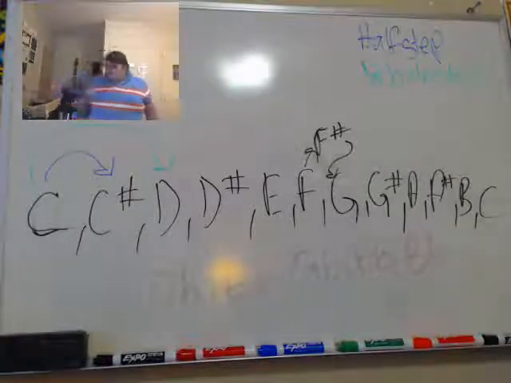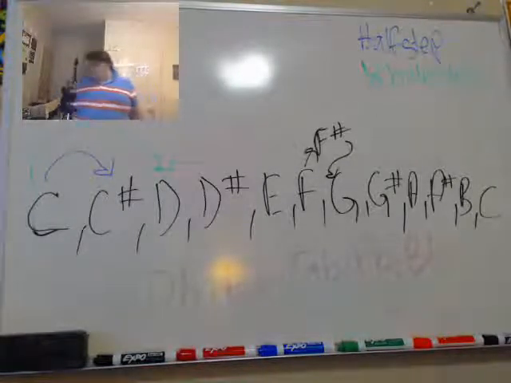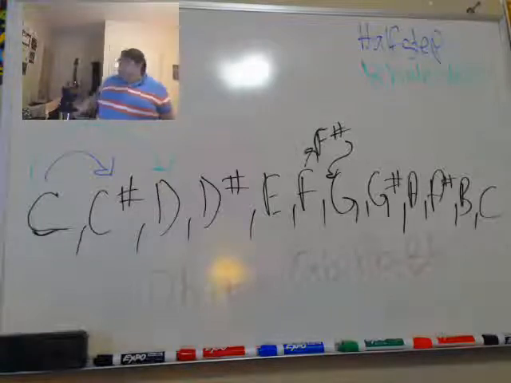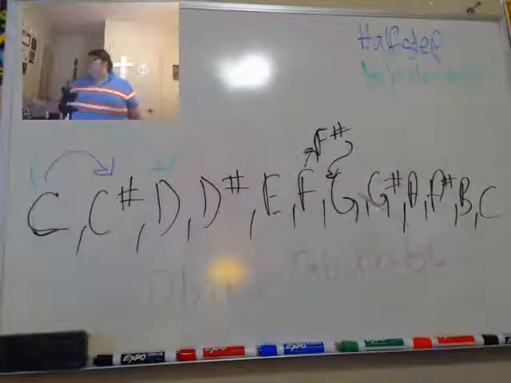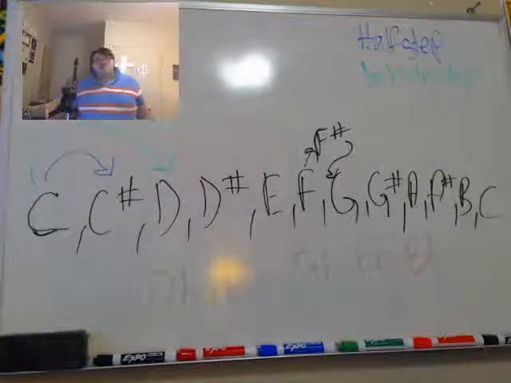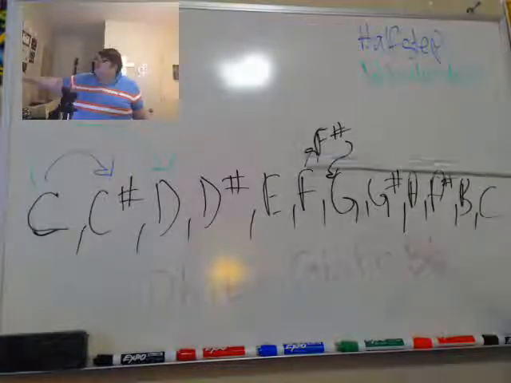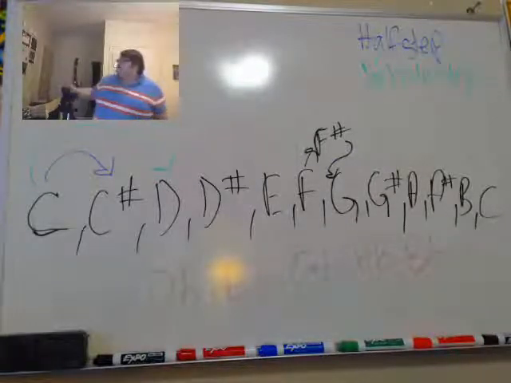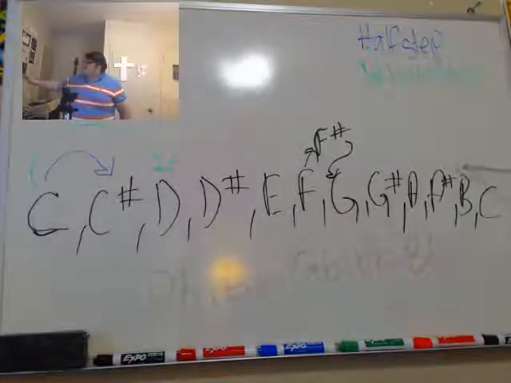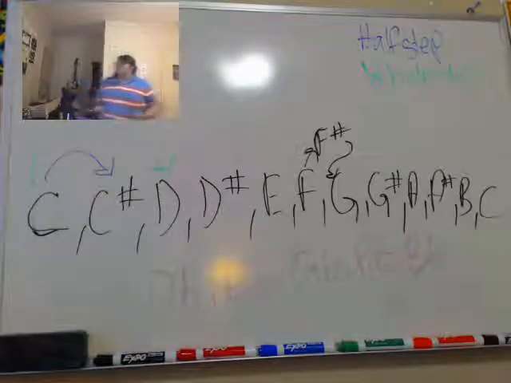If you look at it on a piano, you will see that the E and the F don't have a black note in between. In other words, there are no flats or sharps in between E and F. And the same goes for B and C.